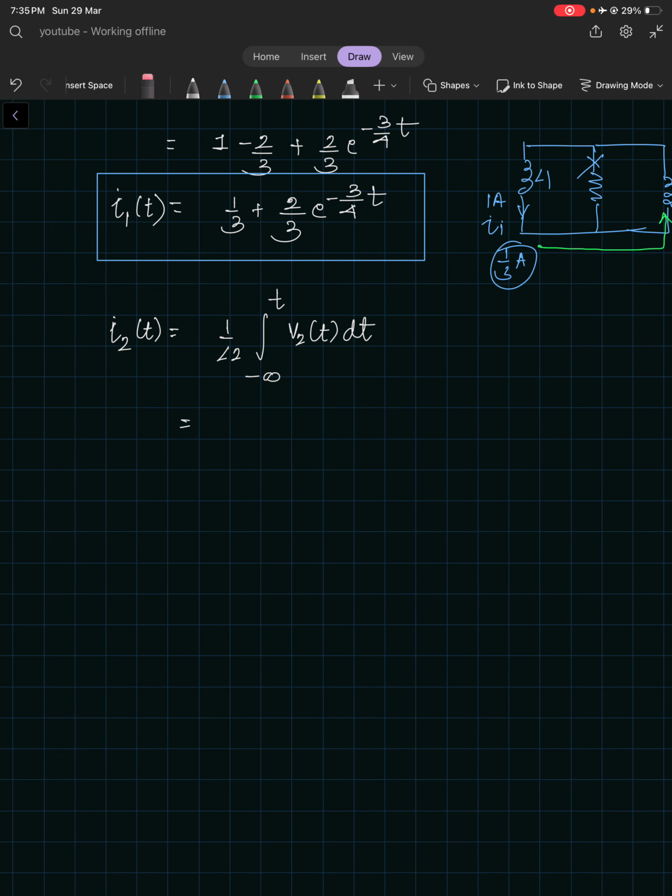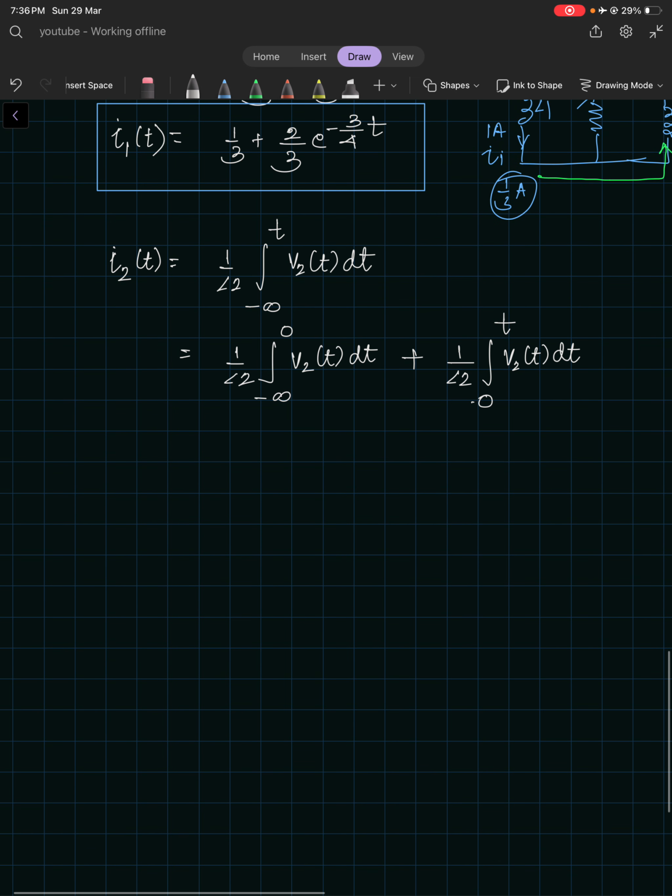Anyways, first let me check whether the initial condition is there or not. 1 by L2 times the integral from minus infinity to 0 of V2 dt, plus 1 by L2 times the integral from 0 to t of V2 of t dt. Now you can see this first part is the initial condition part, and it has to be 0 because no initial current was flowing through the inductor L2, right? So we have to solve only this part.